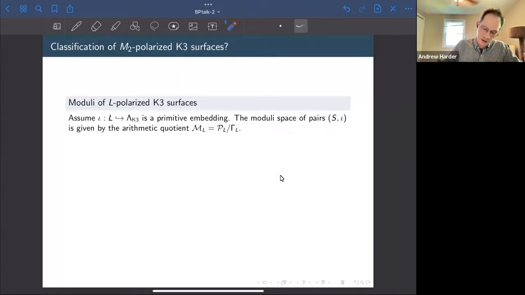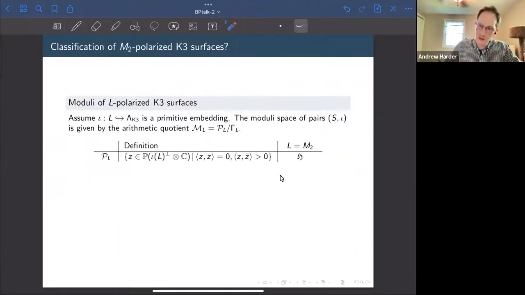So the moduli space of pairs consisting of a lattice polarization and a K3 surface is given by an arithmetic quotient, which is this moduli space M_L, or period space, which is some homogeneous space P_L modulo group Gamma_L. In particular, what is this? What I should do is take a component of the space of pairs of the following things.